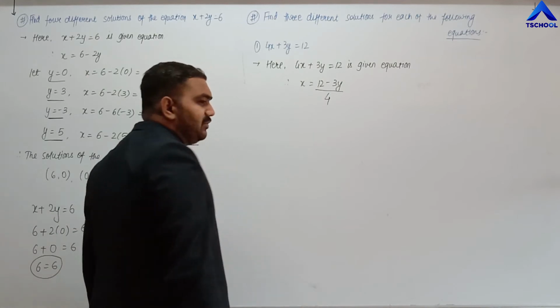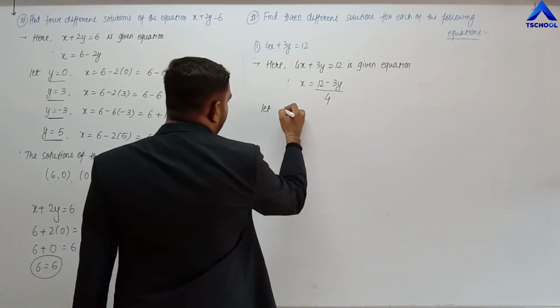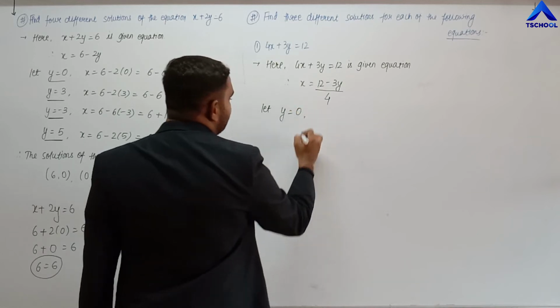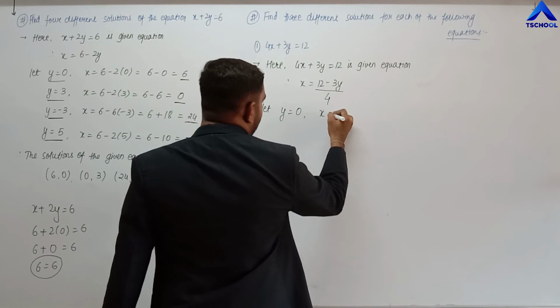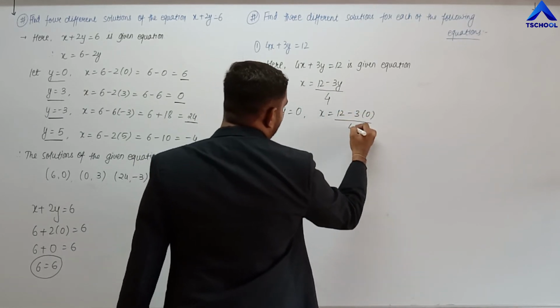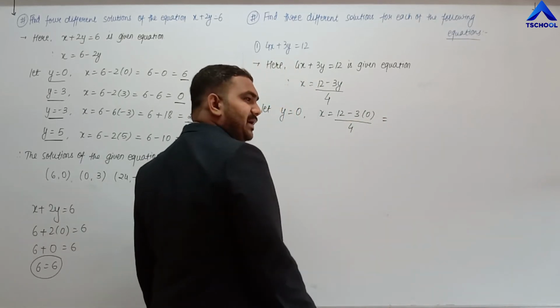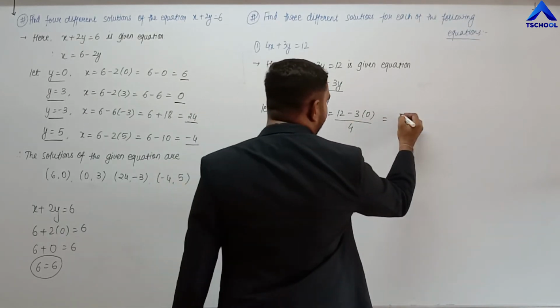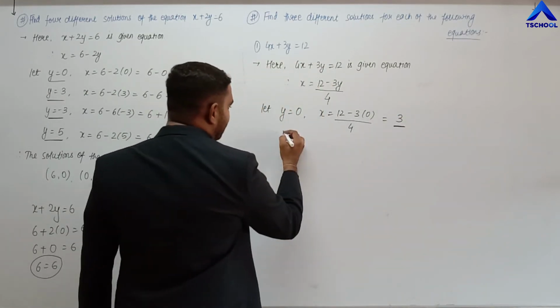So we got 12 minus 3y by 4. Now let y equal 0. Basically from the very first, that gives me x equals (12 minus 3 into 0) upon 4. So 3 into 0 is 0, 12 minus 0 is 12, and 12 by 4 is 3. So we got x equals 3.